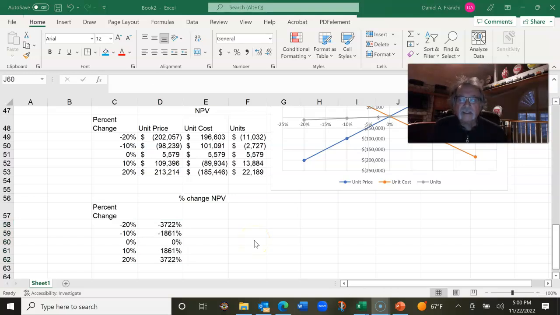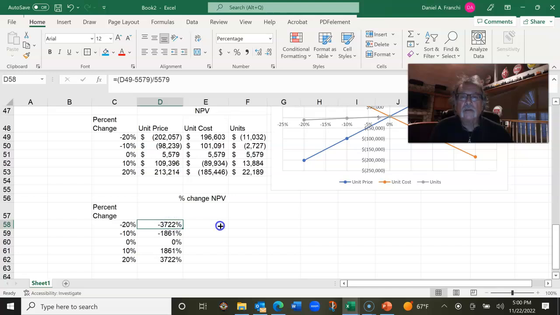Now recognize that this is a canned problem and this number is unrealistic. But basically what we're saying is the interpretation is a 20% drop in price gives you a 3,722% drop in present value. And a 20% increase in price will give you a corresponding increase in present value.